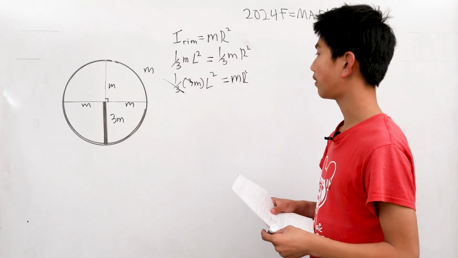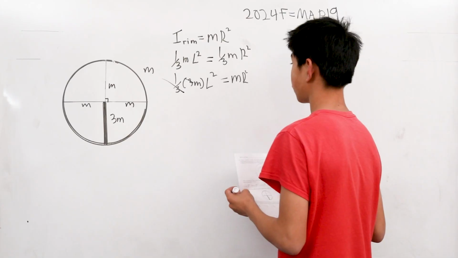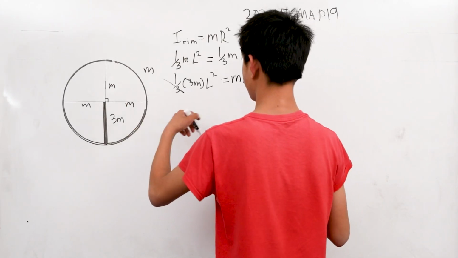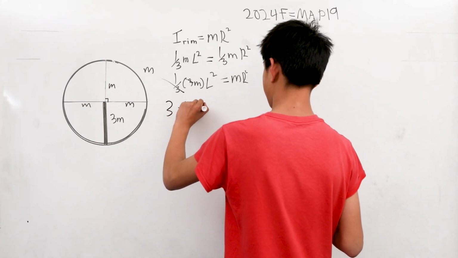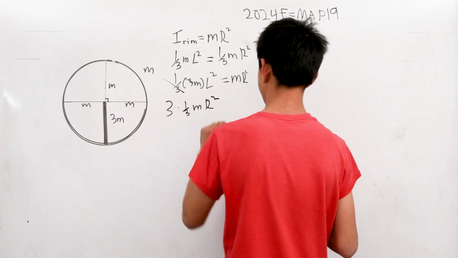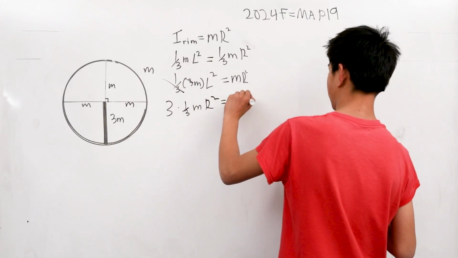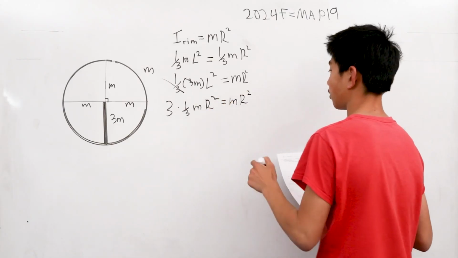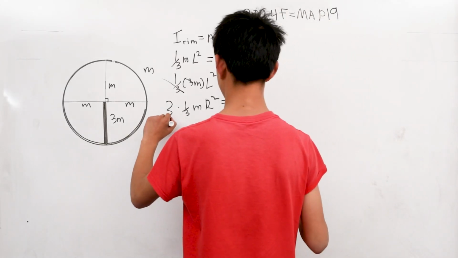Now, we can find the total inertia on the spokes. There's 3 of these smaller spokes, so 3 times 1/3 mr squared, because we're accounting for each spoke. This is mr squared. Now, there's just one of these big spokes, so that's just mr squared.